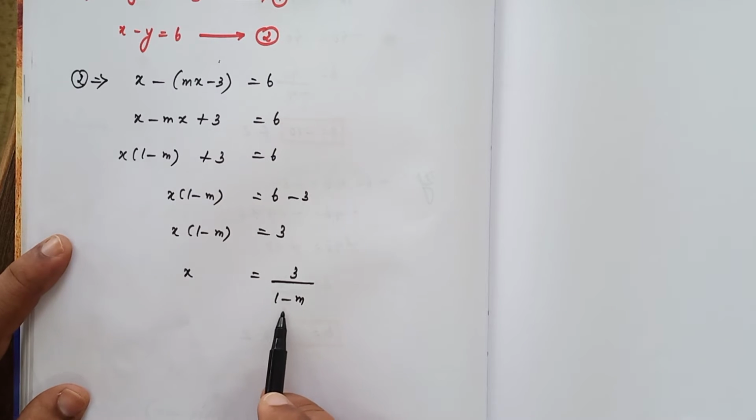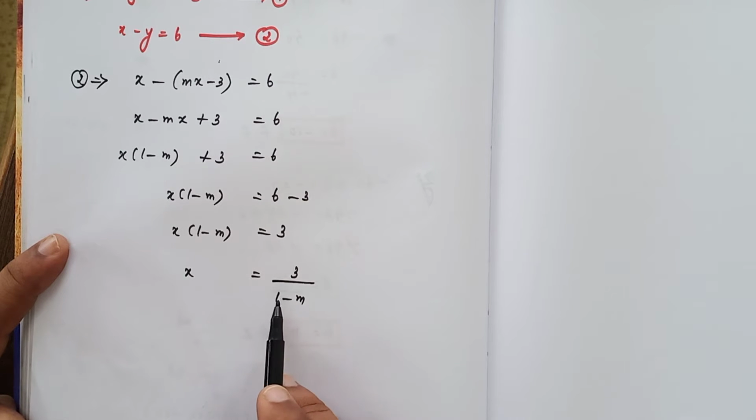Not a multiple of 3, 3 only. If it is 3, then 3 divided by 3 is 1. If it is minus 3 in the denominator, 3 by minus 3 is minus 1, that is also an integer. If it is 6, you will get 3 divided by 6 equals 1 by 2, which is not an integer. So only two cases: the denominator can be either plus or minus 1 or plus or minus 3.